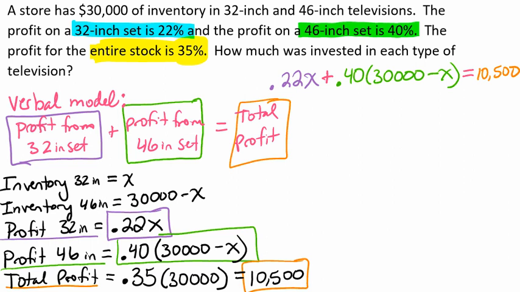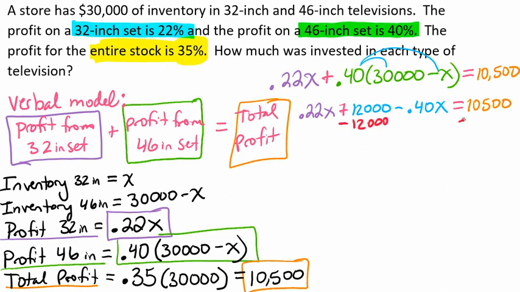So we're going to distribute that 40%, and that's going to give us 0.22x plus 12,000 minus 0.40x equals 10,500. Then we're going to combine our like terms, and our like terms are those x's. So we're going to combine those and subtract our 12,000. Let's do those in two steps.